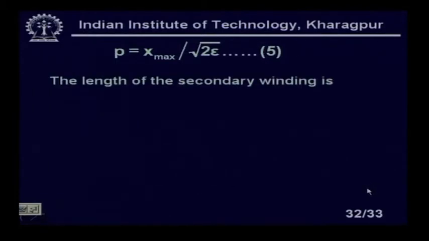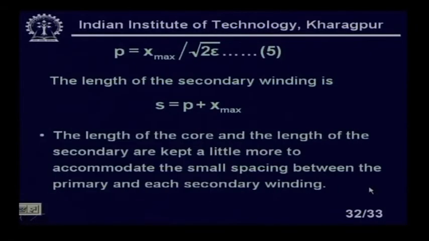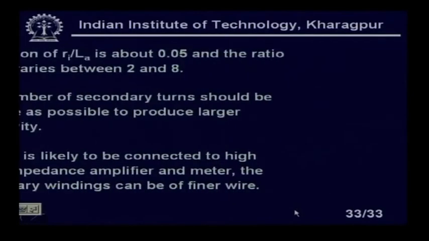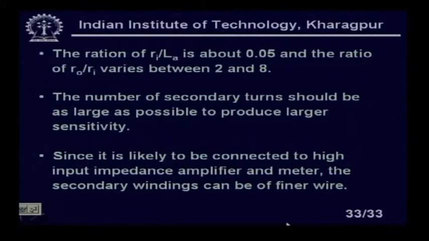The length of the secondary winding is also given by the expression s equal to p plus x max. The length of the core and the length of the secondary are kept a little more to accommodate the small spacing between the primary and its secondary windings. This is necessary. The ratio of R i by L A is about 0.05, and the ratio of R o by R i varies between 2 and 8.